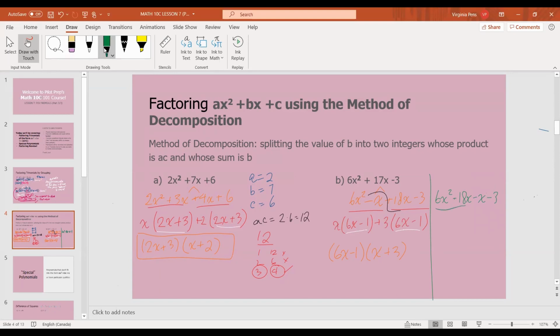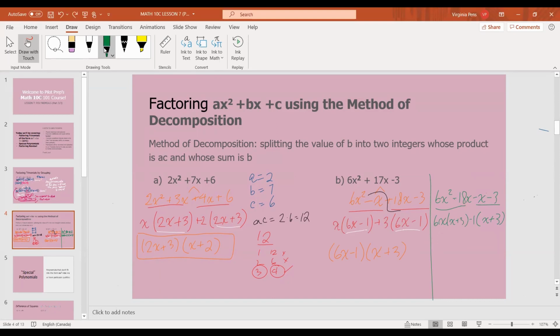If we group it this way, what we have here, we can take out a 6x, and what we're left with is an x and a 3. Over here, what we can take out is a negative 1. What we're left with is an x plus 3. So essentially, it's just this, but flipped the other way.